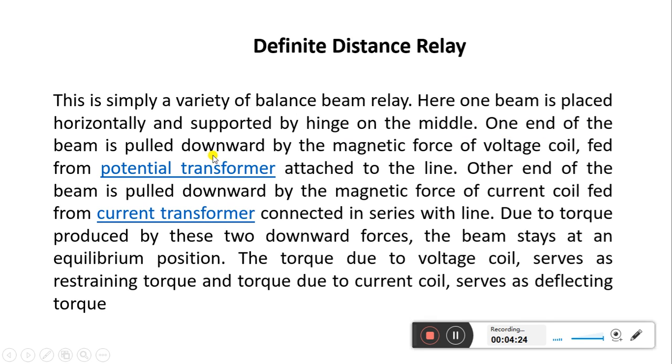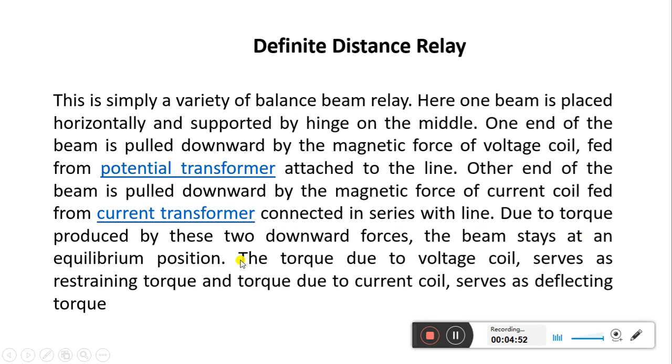One end of the beam is pulled downwards by the magnetic force of the voltage coil fed from the potential transformer. Always the voltage coil is fed from the potential transformer and the operating coil is fed from the current transformer. The other end of the beam is pulled down by the magnetic force of the current coil fed from the current transformer connected in series with the line.